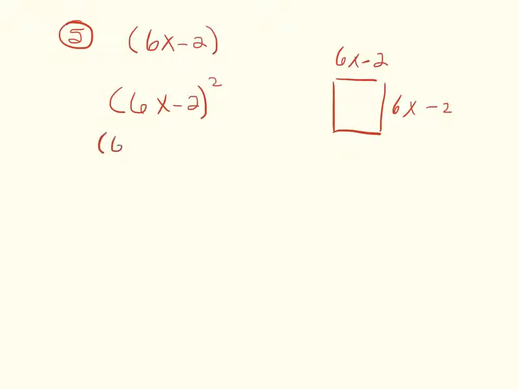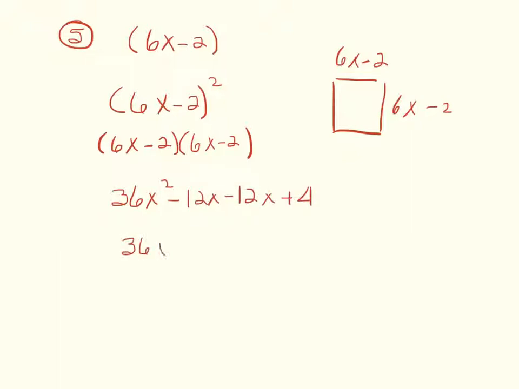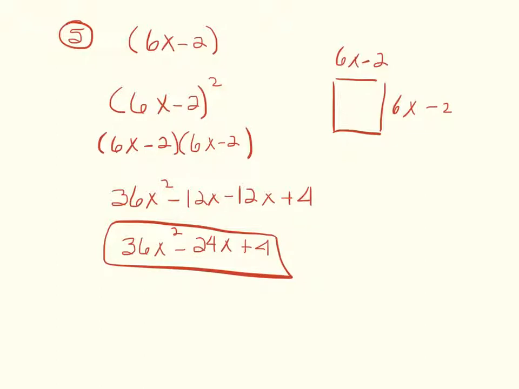This is a FOIL problem or a distributing problem. 36x squared minus 12x plus 4. X squared, 24x plus 4. So by multiplying length times width, I get an expression for area.